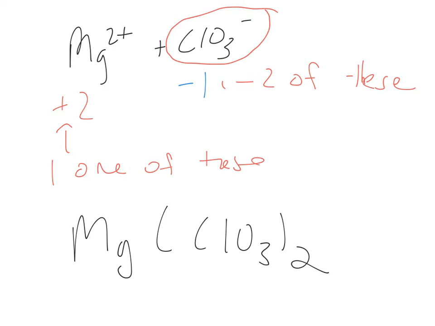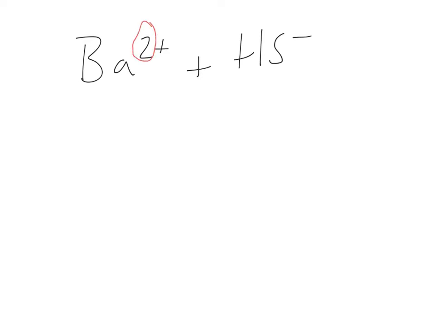So let's look at 28 now. 28 gives you a similar problem where you have barium plus a bisulfide, or hydrogen sulfide. And I'm going to show you a trick. You can take the number, ignore the plus or the minus, and you can bring it down to the other ion. So this one becomes barium, Ba.